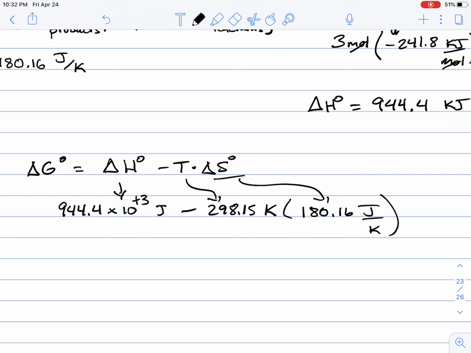If you wanted to divide by 1,000, that'll give you kilojoules. I'm going to plug everything into my calculator: 944.4 times 10 to the positive 3 minus 298.15 times 180.16.